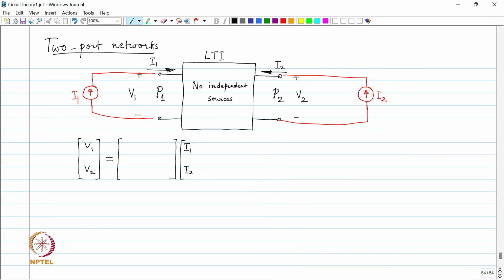And what is the size of this matrix? 2 cross 2. What are the units of the different things in the matrix? Ohms. All of these quantities are in ohms. So, we call this the Z matrix.